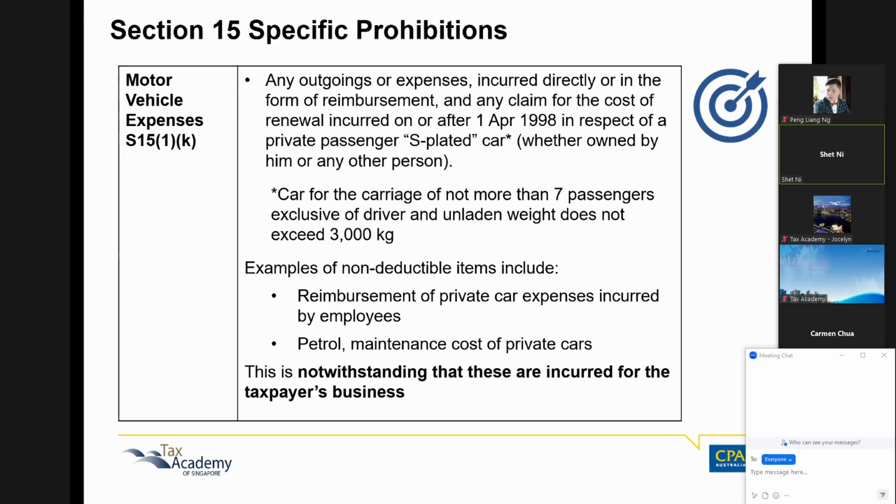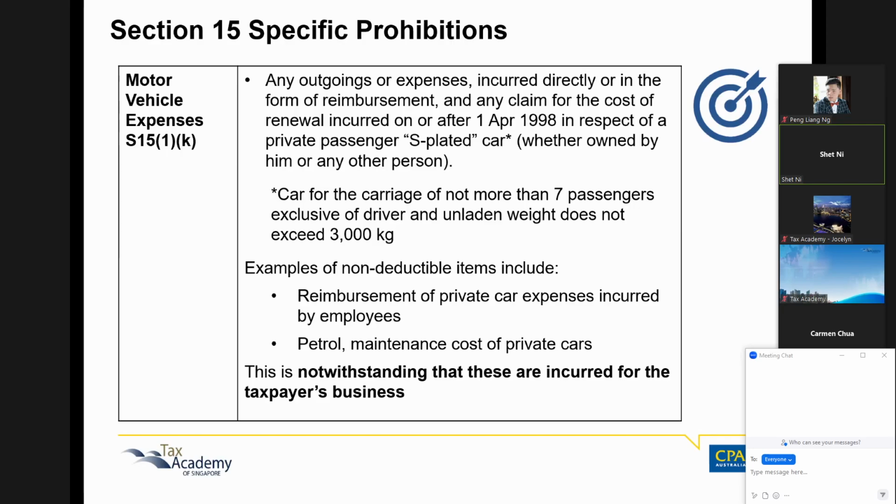Moving on, we have section 51K, motor vehicle expenses. So this is something that we see very often in the tax of companies, and it is something that you definitely have to know and make adjustments. I think of course, no problem for the larger companies, but for the smaller companies, we see that this is quite a common mistake that's being made.